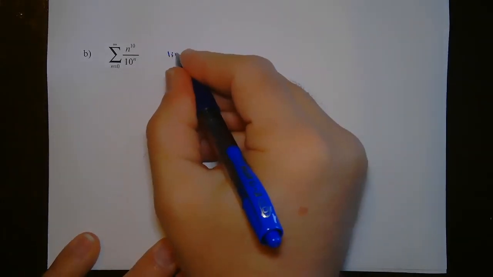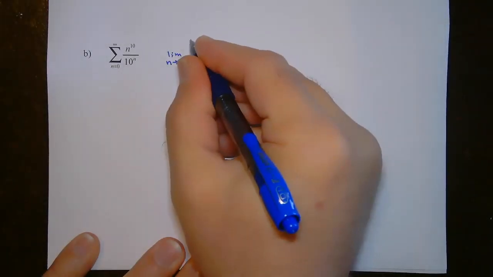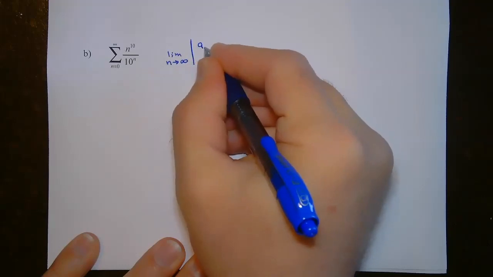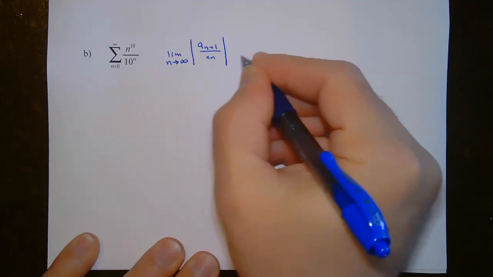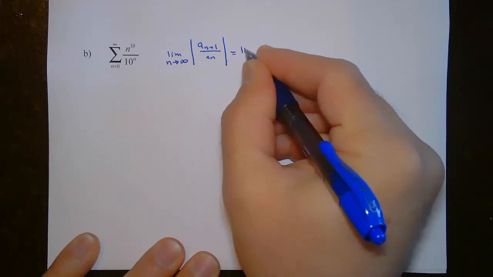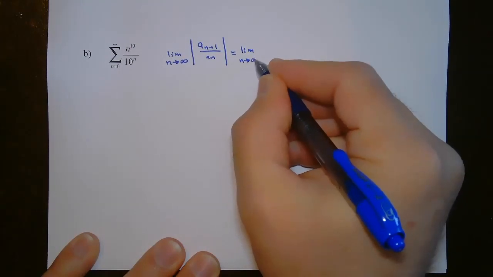The limit as n goes to infinity of the absolute value of a sub n plus 1 over a sub n, and that would equal the limit as n goes to infinity.